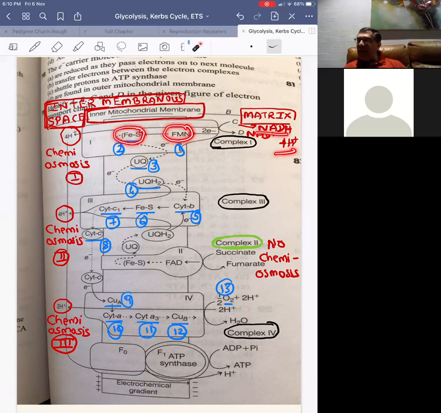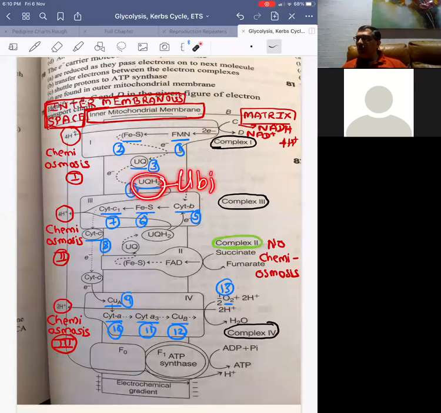From FES, it has gone to ubiquinone, which we remember is coenzyme Q. Coenzyme Q is called ubiquinone. From ubiquinone, it goes to coenzyme QH2, which is called ubiquinol. So ubiquinone becomes ubiquinol.